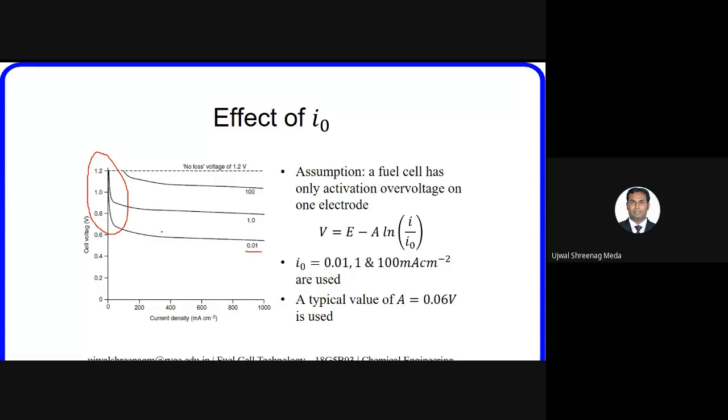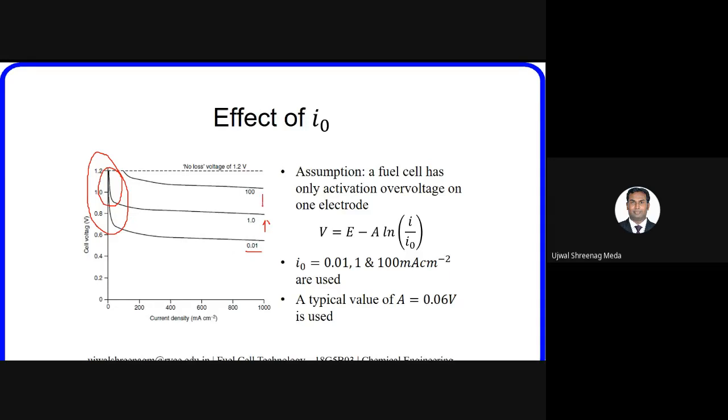Almost 50% of the voltage is lost just because of this activation when the exchange current density is low. So if you increase that by an order of 100, so when the exchange current density is 1, there is a slight reduction in this activation loss.